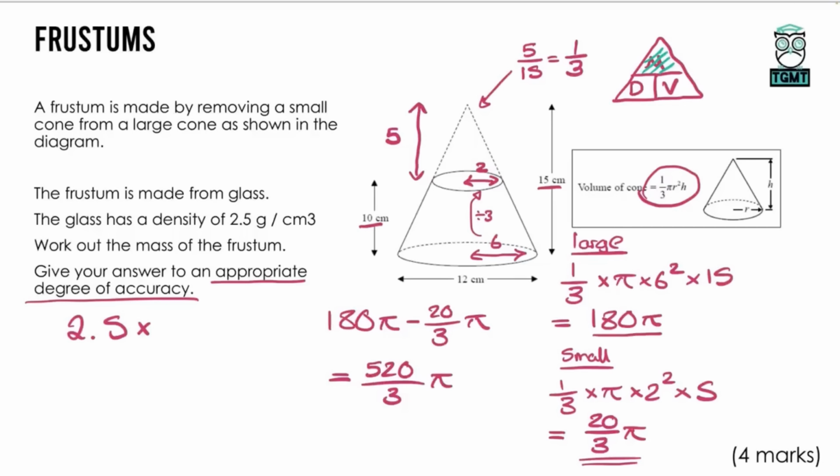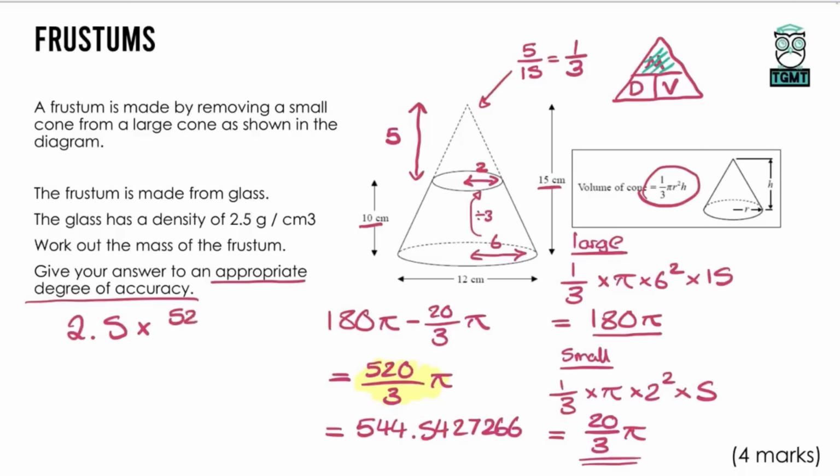You could at this point write it as a decimal if you want. The decimal is quite a large one. It's 544.5427266. I'm going to have to write that again because I've got to now times it by 2.5. So I'm just going to stick with using this 520 over 3 pi. Just feel like that's easier to write down.